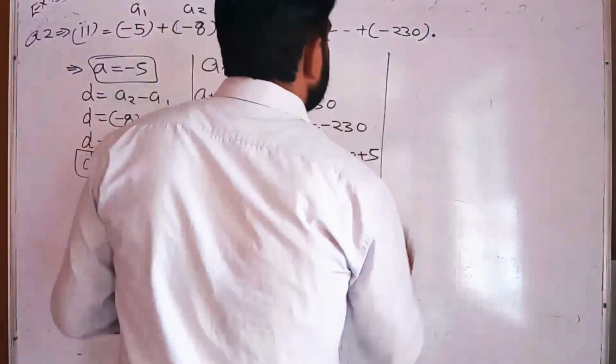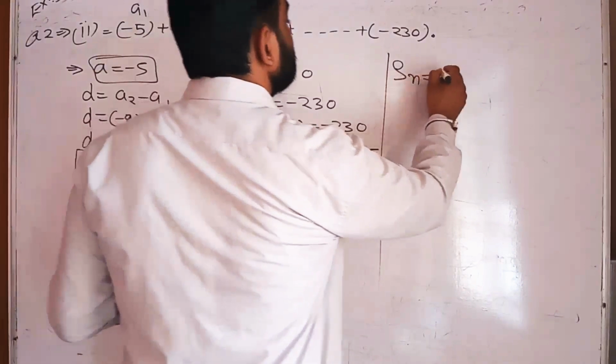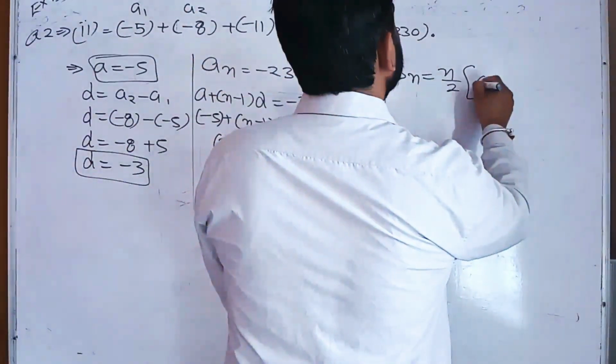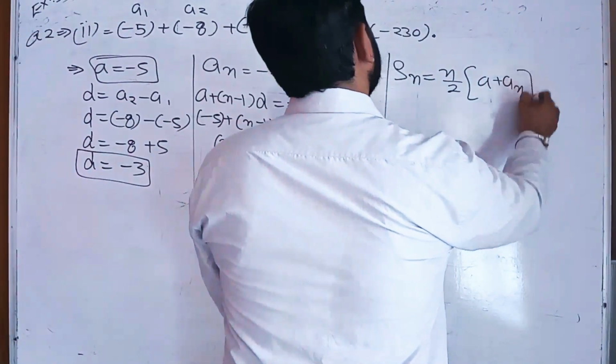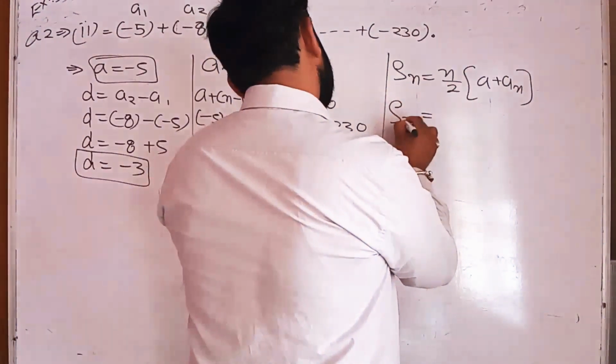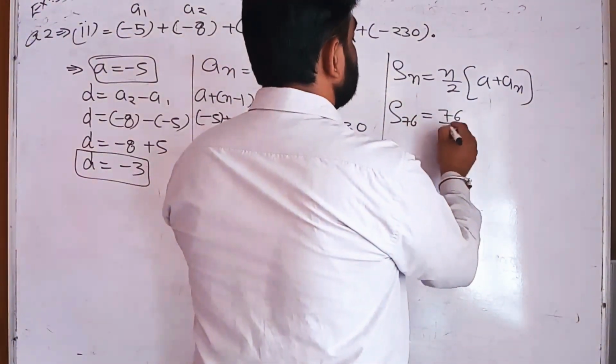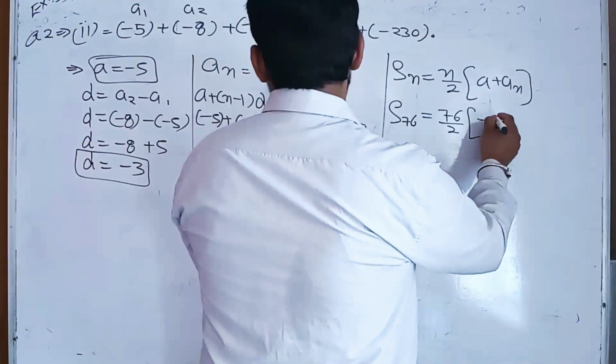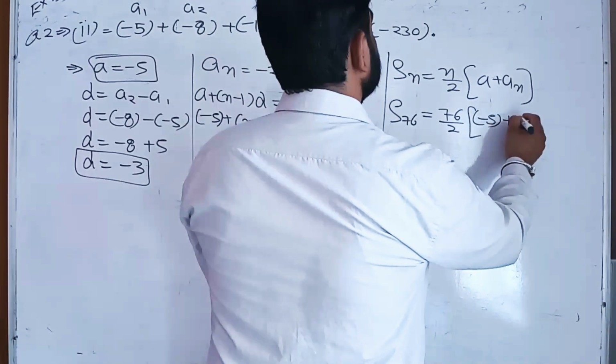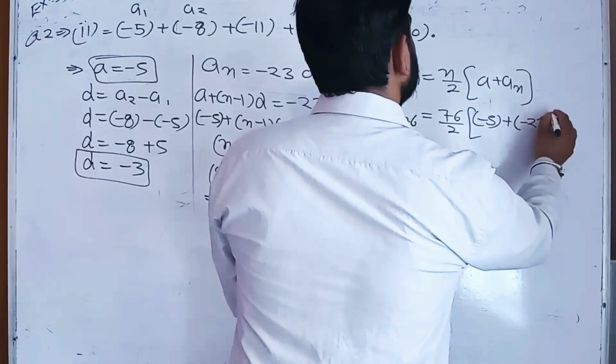You need to find the value of SN. The formula is N upon 2 into (A plus AN), or A plus L. So S76 is 76 upon 2 into (-5 plus -230).